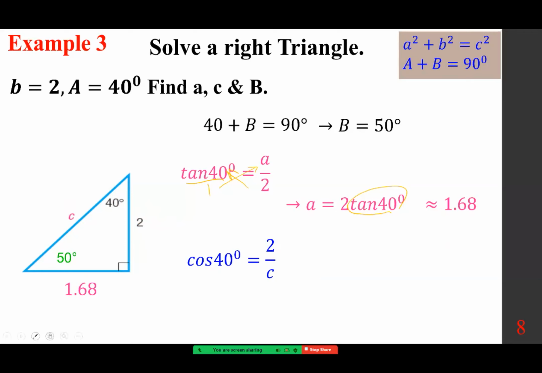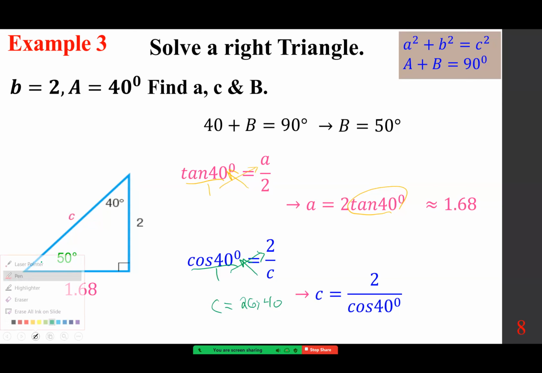And therefore, one of the things that I want to make sure you know, when you have two fractions, you can interchange c and cosine 40. You can say c is 2 over cosine 40 because it comes from this cross product. You can say c cosine 40 is 2, and then c becomes 2 over cosine 40. But learn this, if you have two fractions, you can interchange, for example, these two or these two.